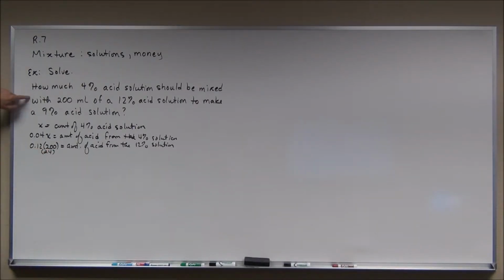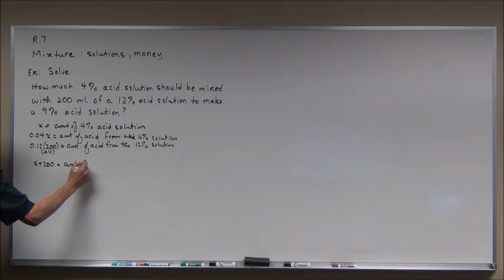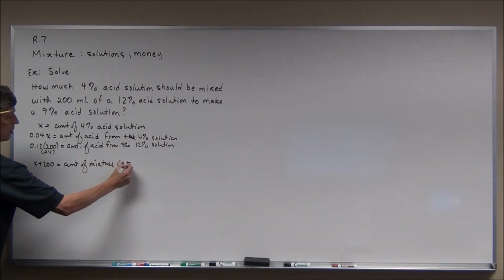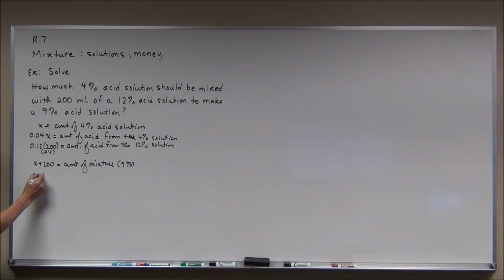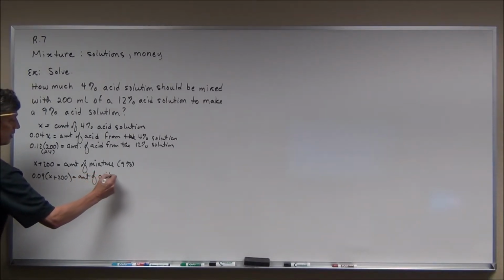But if we have 200 milliliters of the 12% and x milliliters of the 4%, that means we have x plus 200 milliliters of the mixture, which is at 9%. So how much pure acid is that? 0.09 times the amount of the solution. And that would be the amount of pure acid from the mixture.